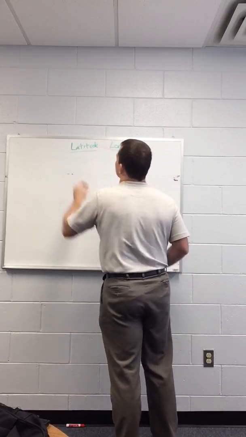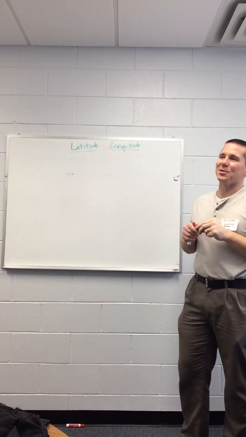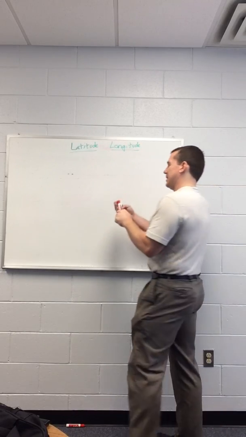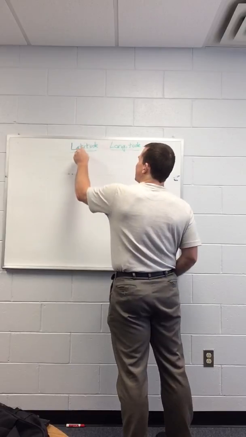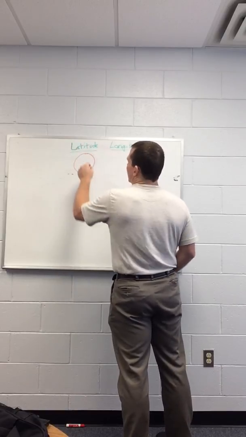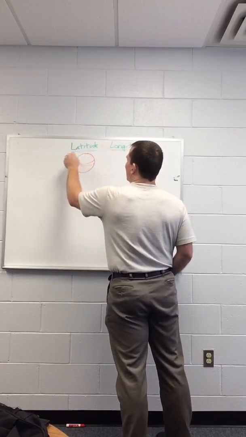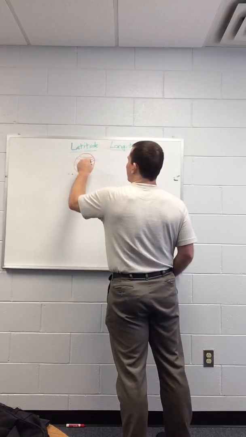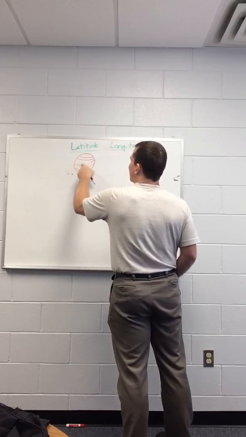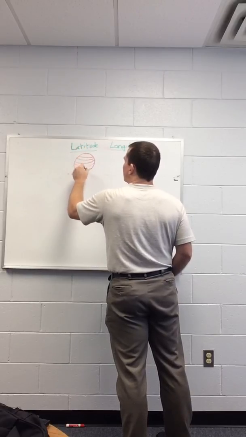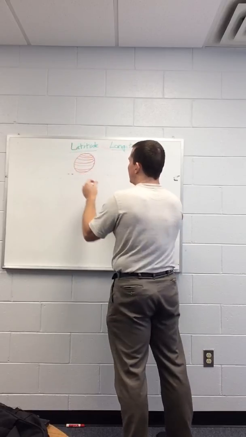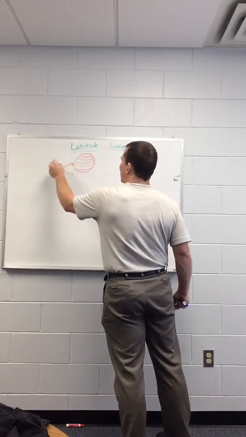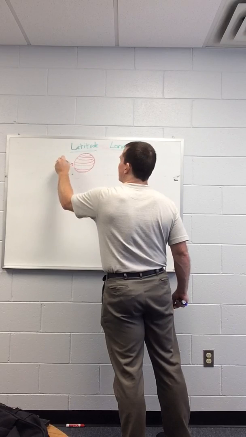If you have not worked with latitude and longitude before, essentially latitude lines are lines that go horizontally around the Earth, like this. That one is not very straight. Right in the center, we'll say for the purposes of this right there, you have the equator.